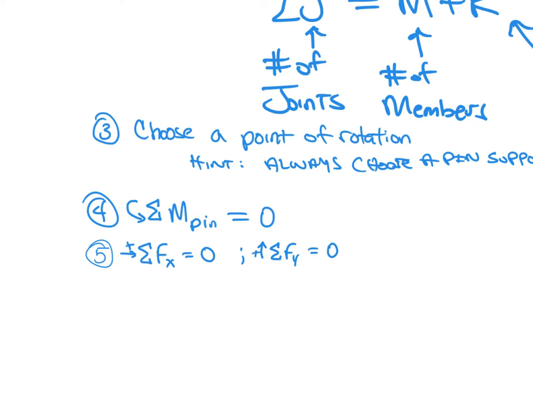Anything going up is positive. And at that point, you should have all your answers for your external forces, and we're done. Okay? So it's very procedural. You'll follow these same steps for every single truss I give you. Any questions so far?